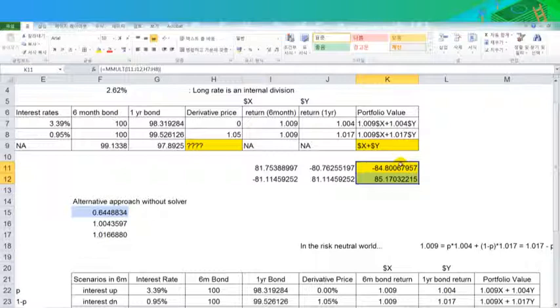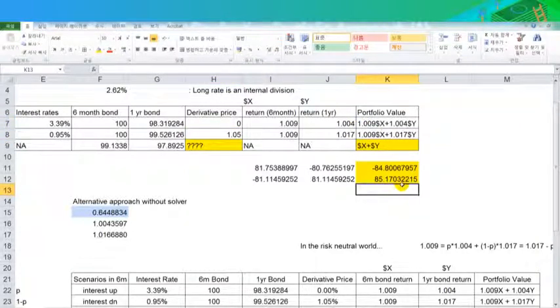So basically, you have to invest minus $85 in the 6 month bond, and plus $85 in the 1 year bond, which means that in order to replicate this derivative, you borrow at the short-term rate and invest at the long-term rate. Okay, this is very important. You short sell the 6 month bond, meaning you are borrowing for the next 6 months, and then you invest in the 1 year bond.